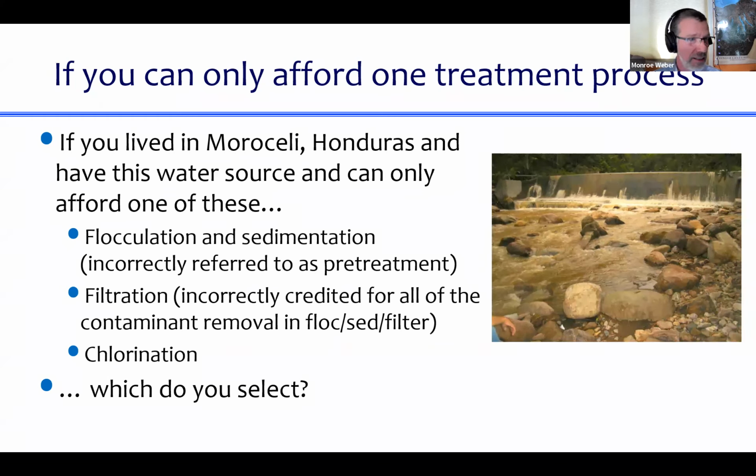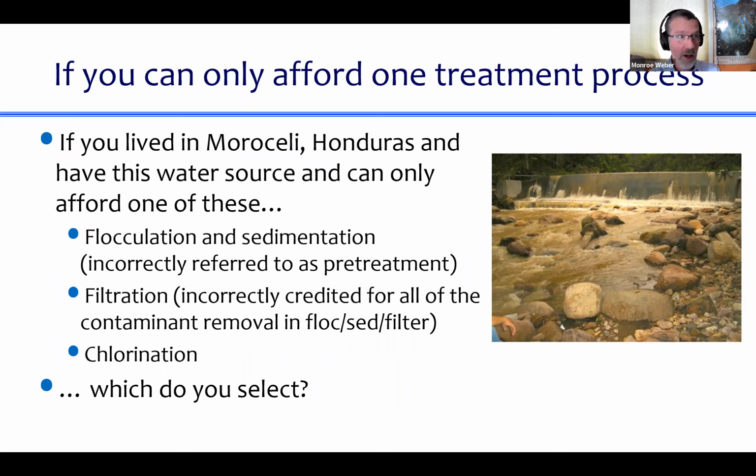And chlorination? 4, 5, 4, 4, 5, 5. Okay. I had 3 on the first one. Okay. So the order that you rank them in is, for your first choice is filtration, and then chlorination was the second for first choice, and flocculation sedimentation was third for first choice.